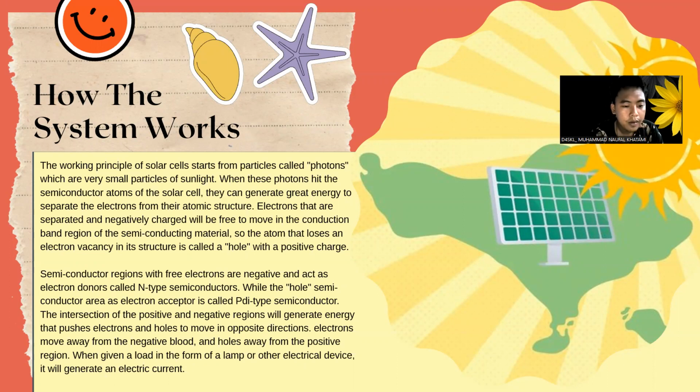The interaction of the positive and negative charges will generate energy, with electrons and holes moving in opposite directions. Electrons move away from the negative region and holes move away from the positive region. When given a load in the form of a lamp or an electric device, it will generate an electric current.